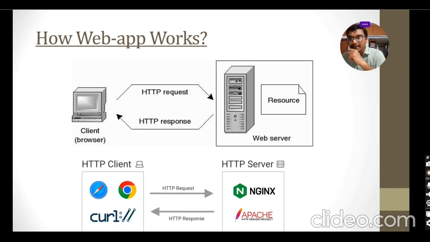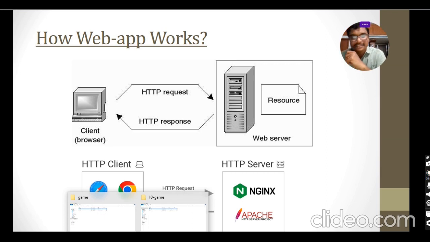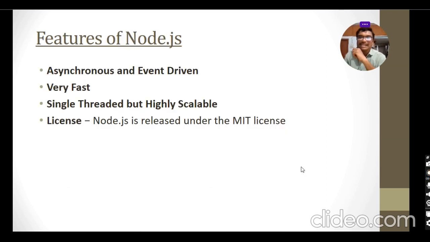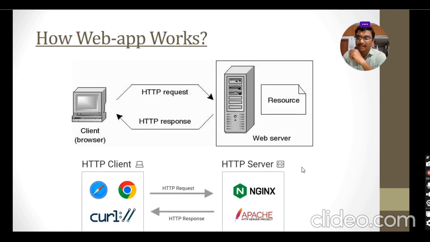Its responsibility is to take the request and respond to it. If I am sending the game application, it has to display that game on the client's machine, not the server's machine. That is the basic usage of your web server.